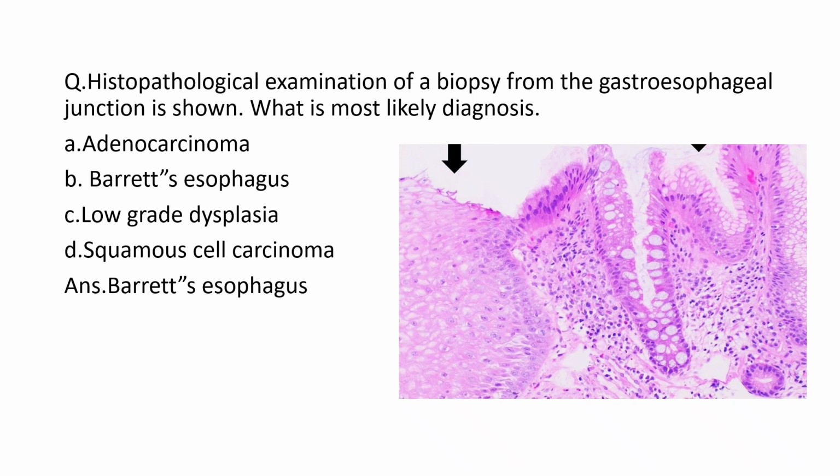It is not squamous cell carcinoma, because for squamous cell carcinoma there should be atypia and invasion. So it is Barrett esophagus, and we can clearly see from the picture the presence of goblet cells and columnar lining, which should be in the intestine, but are present in the gastroesophageal junction, which is abnormal. So the answer to this question is Barrett esophagus.